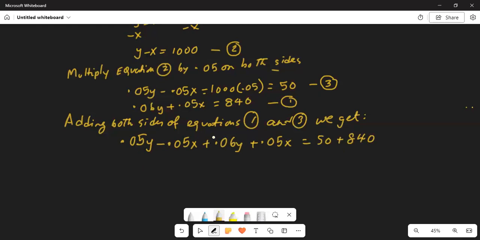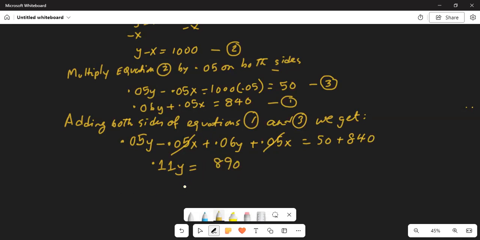As you can see, the negative 0.05X cancels with the positive 0.05X. And we have 0.05Y plus 0.06Y. We add the two coefficients, which is 0.11Y. And this is equal to 840 plus 50, which is 890.